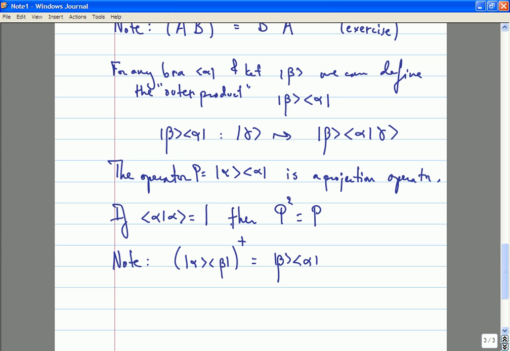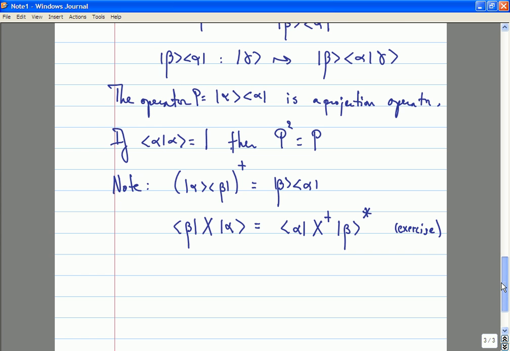And the second property is that the matrix element of X between the bra and ket beta and alpha is the complex conjugate of the matrix element of the Hermitian conjugate of X between now the bra alpha and the ket beta. So those are both simple consequences of the definitions I've given above.